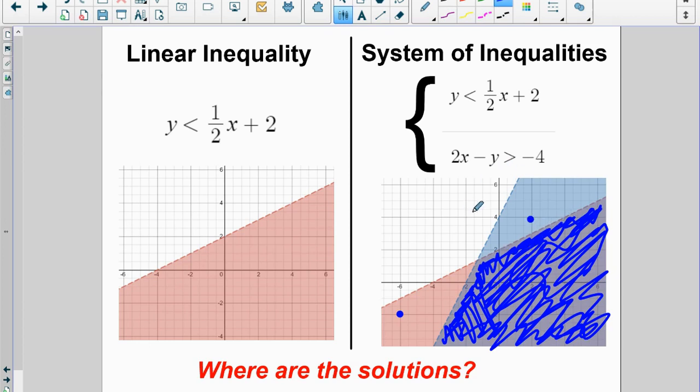It's not going to be in the unshaded area. It's not going to be in the area that's only shaded in blue, and it's not going to be in the area that's only shaded in red. The solutions are going to be where the blue and the red overlap. So that's where it's a little bit different with systems of inequalities today.